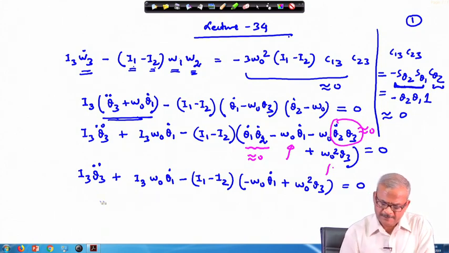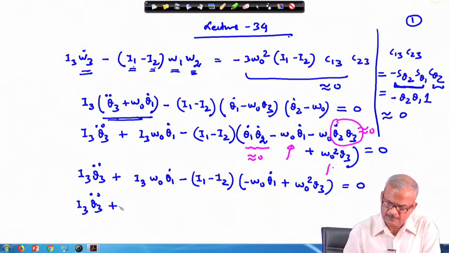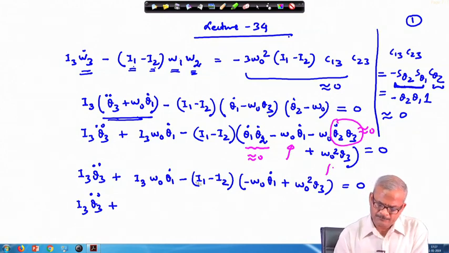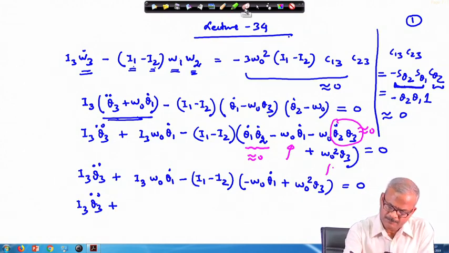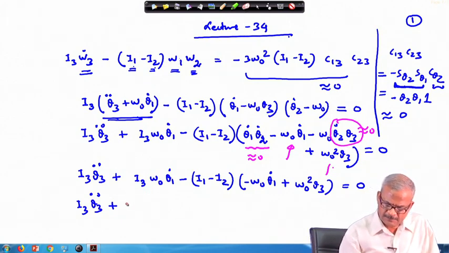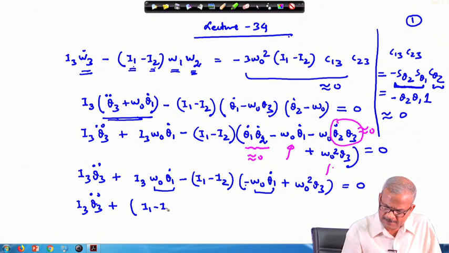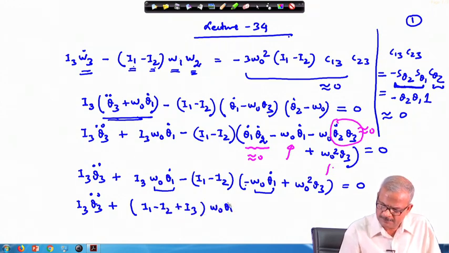So, whatever terms we can combine, we will combine here. If we write it this way, this term we can take outside. This minus that makes it plus. So, we can write this as I 1 minus I 2 plus I 3 times omega 0 theta 1 dot.